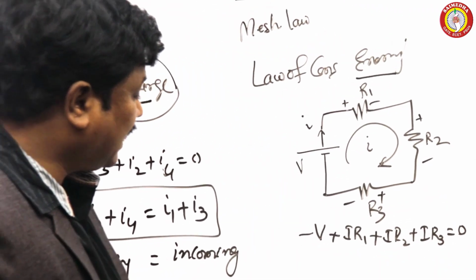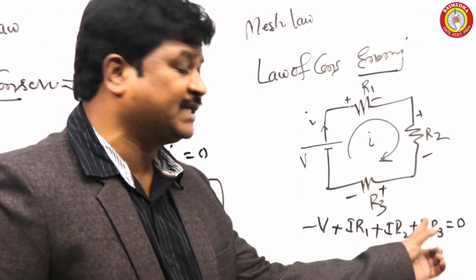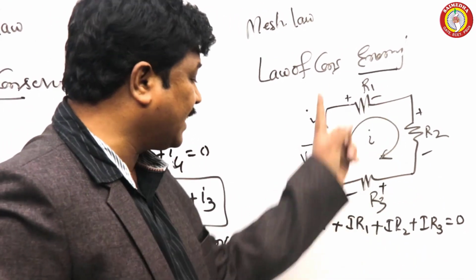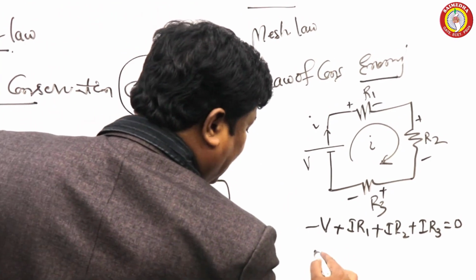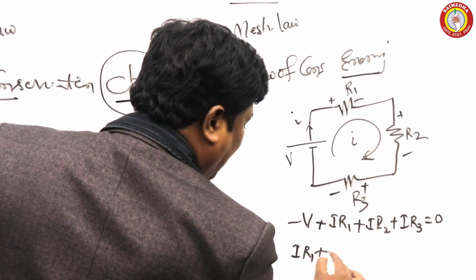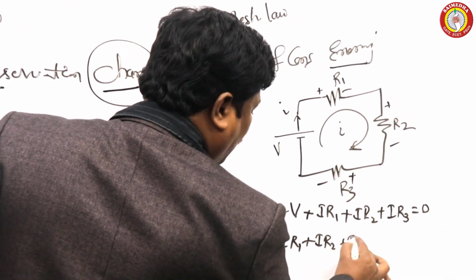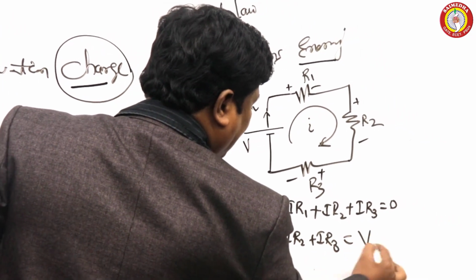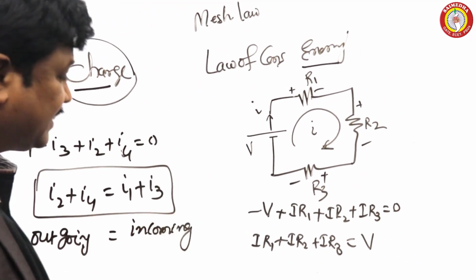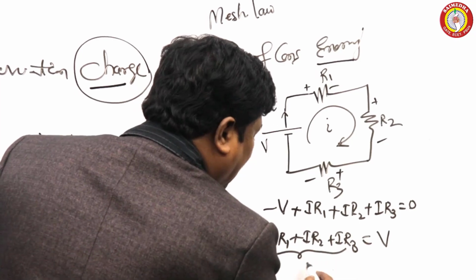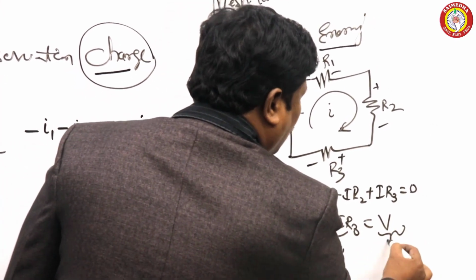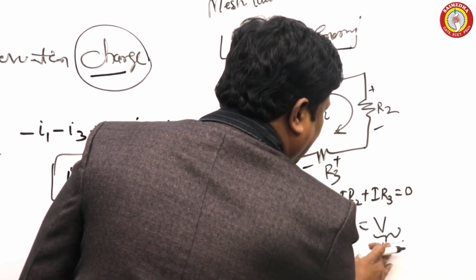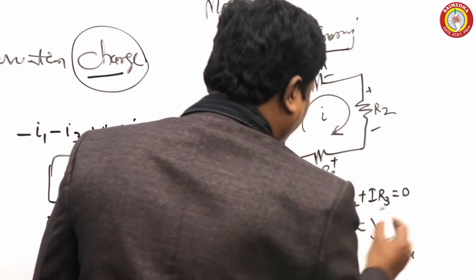That is what the algebraic sum of the voltages must be equal to 0 in a closed path. Now from this explanation what we got? I into R1 plus I into R2 plus I into R3 is equals to the voltage V. It means that all these come under IR drops, and this is a voltage source.